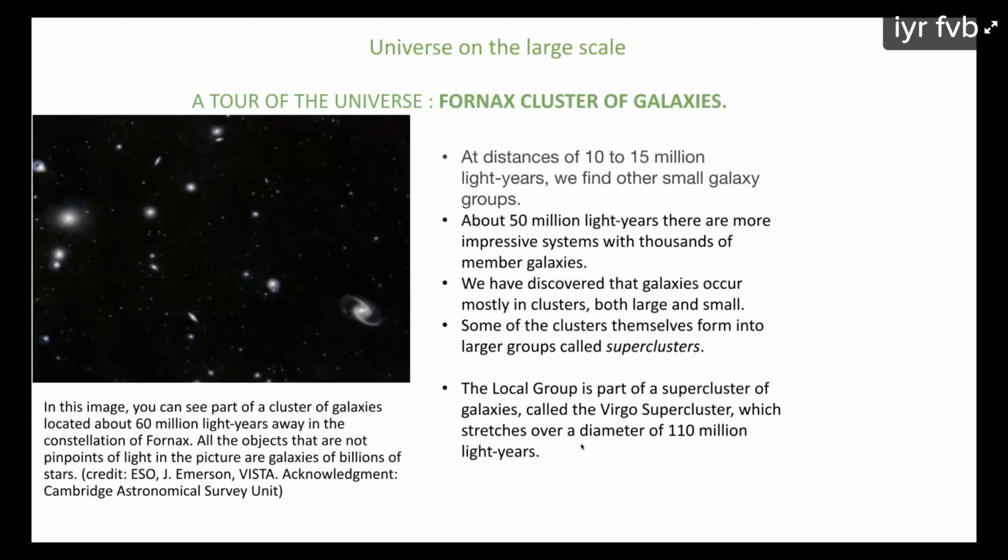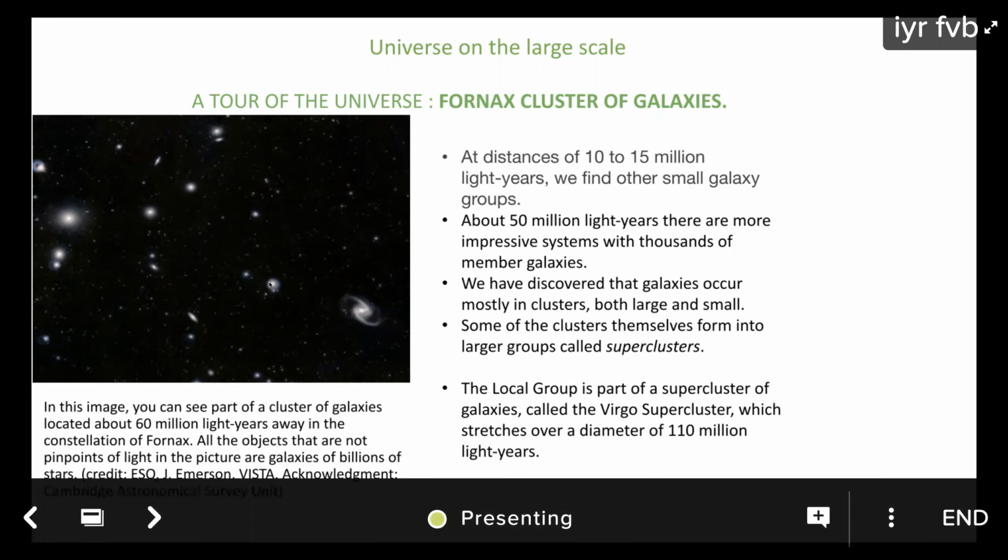Now all these objects, I don't know whether you can see where I am pointing the mouse, but all these fuzzy objects, one right here, one right here, right here, all these objects are actually galaxies, right? Single galaxies that are represented here.